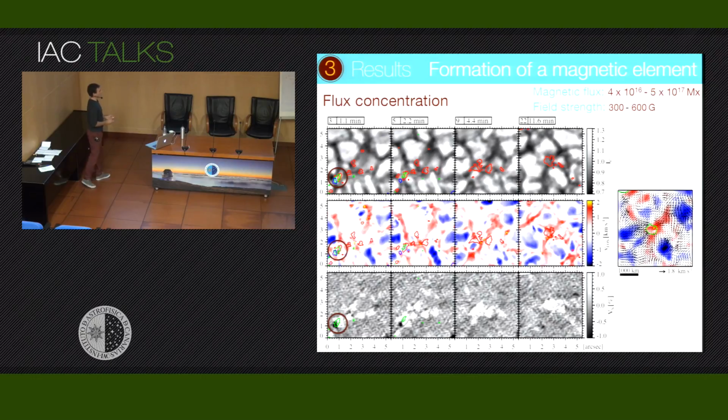Then this positive patch is advected by the horizontal motions, in particular towards the center of this sink, together with other same polarity patches. In this way, these polarity patches merge and form a stronger magnetic element at the center of this sink. In this way, the field strength increases from 300 Gauss to 600 Gauss.